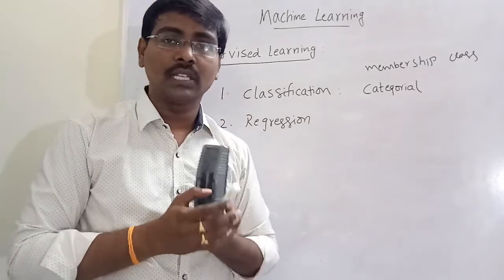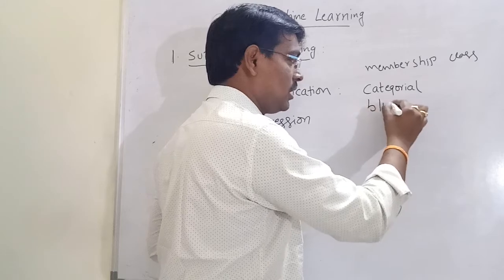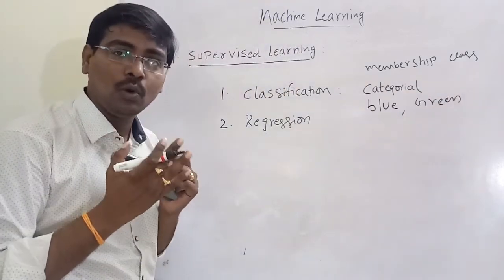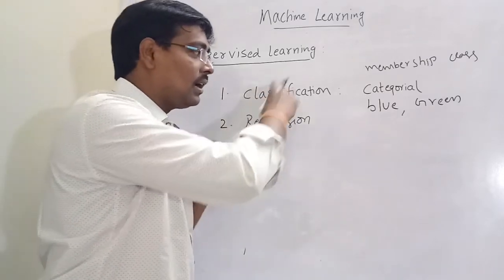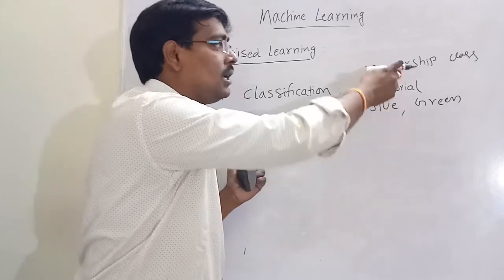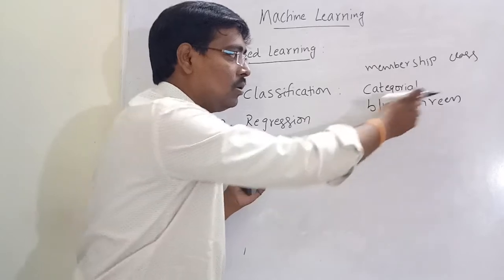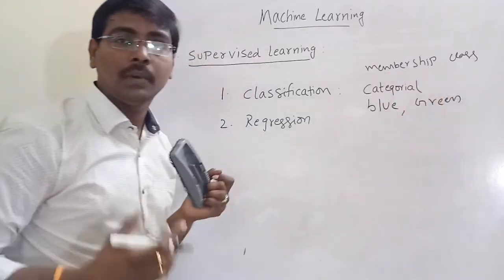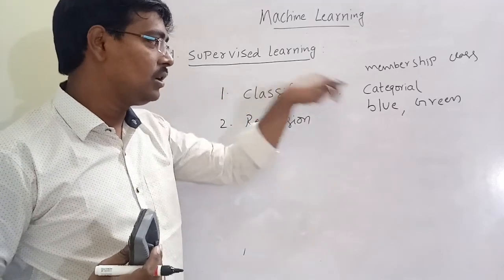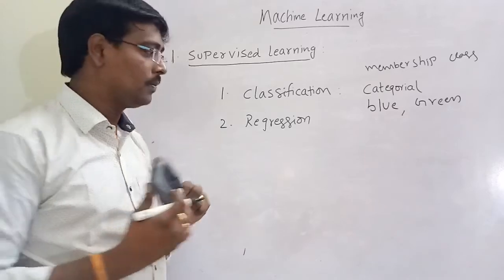Suppose the input is color, and I have two classes, blue and green. The color comes under either blue or green. If it comes under blue, it is a membership; if not, it is not a membership for blue. If it comes under green, it is a membership for the green class. That is, the input is moved to one of the classes. This is the classification problem.